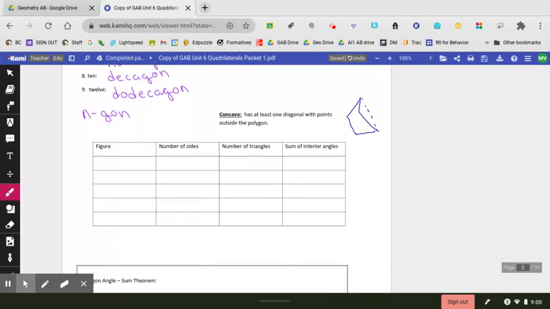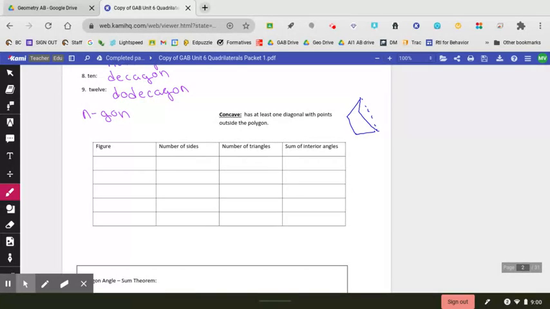So I want you to pause and do an activity where you pick different figures and sketch them. Then we're going to identify the number of sides and the number of triangles.